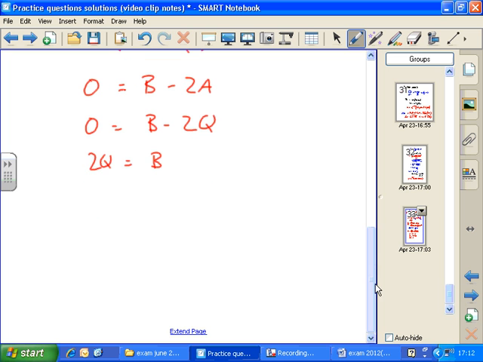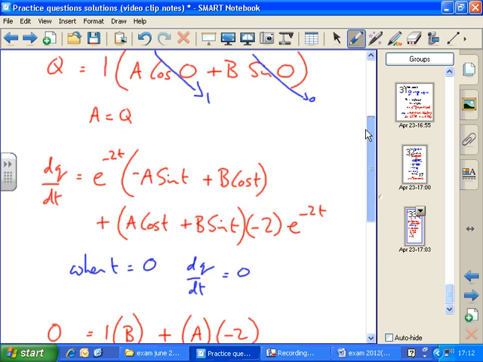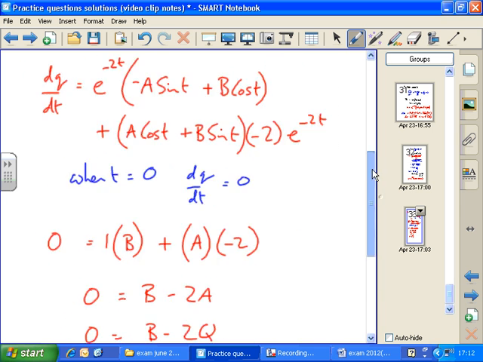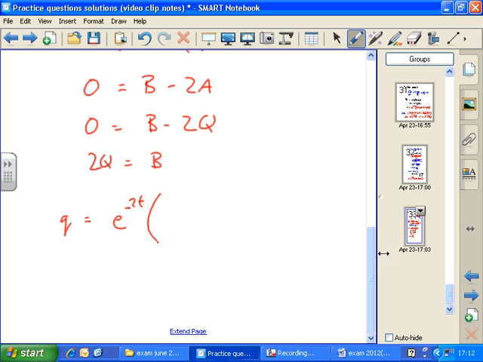For q, we have q equals e to the minus 2t, brackets, a, so a is q, cos t plus 2q sine t.